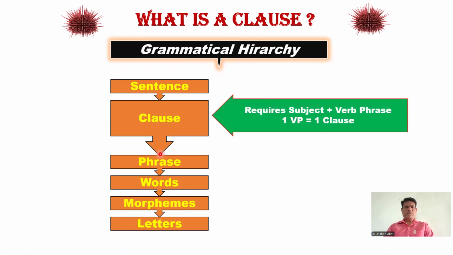A clause requires a subject plus a verb phrase. In short, one verb is equal to one clause. There cannot be a clause without a verb phrase, but it also requires a subject to make a clause. So this is what is meant by a clause.